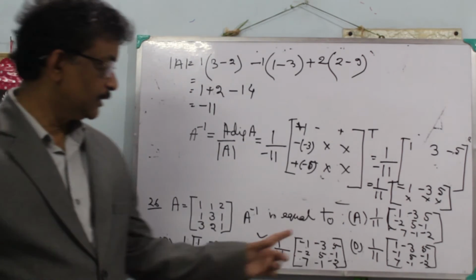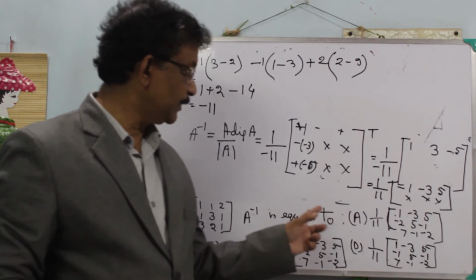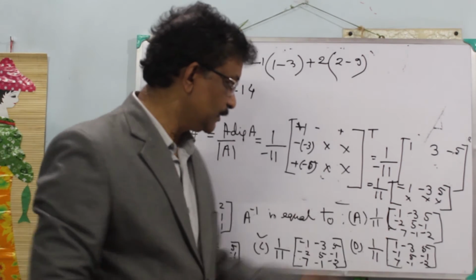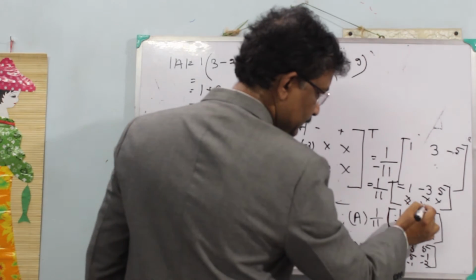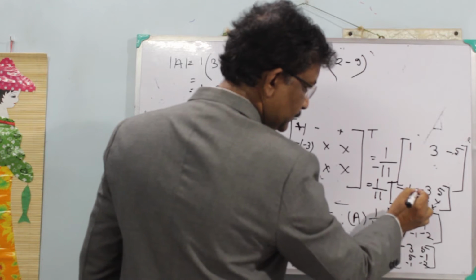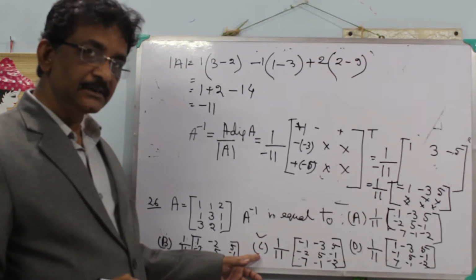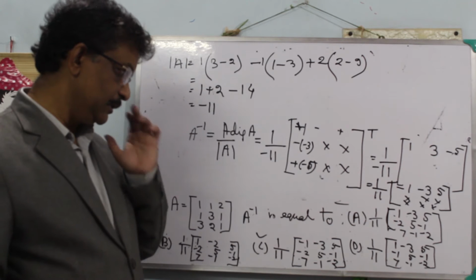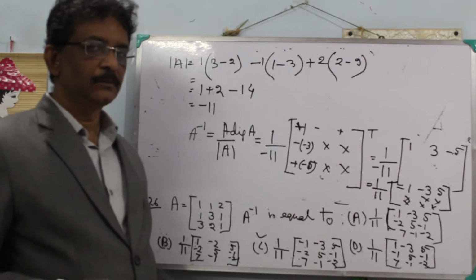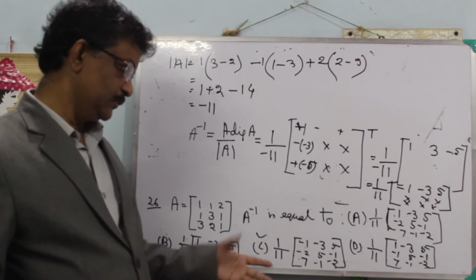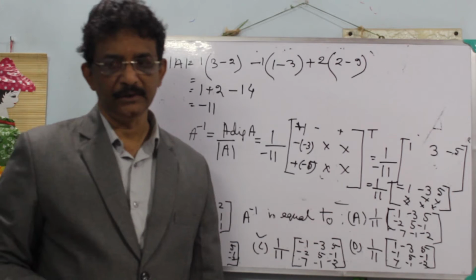When multiplied by minus 1, it becomes minus 1, minus 3, 5. So it resembles answer C. So C is the correct answer. Or you may calculate properly and you will find this is the answer. Clear?